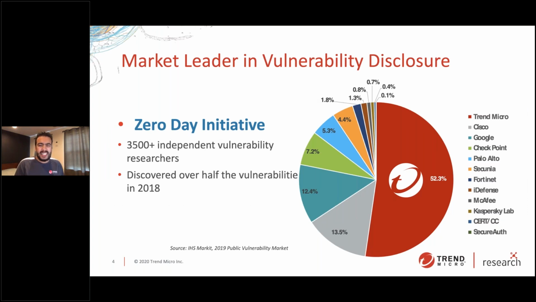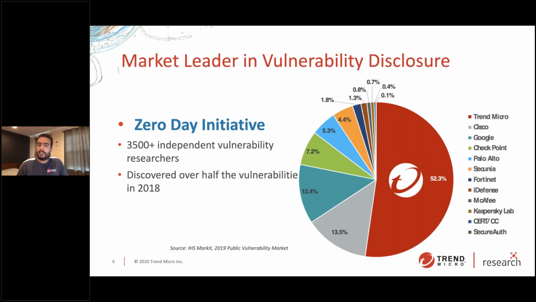We invest heavily in threats and vulnerability research. We have the most successful program in the industry currently for vulnerability disclosure. You know how security researchers, they're not necessarily interested in handling a long and very bureaucratic process of responsible vulnerability disclosure.